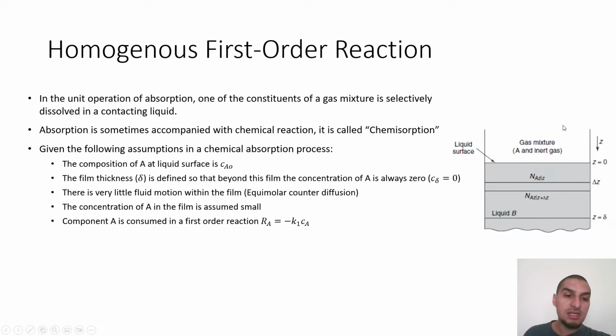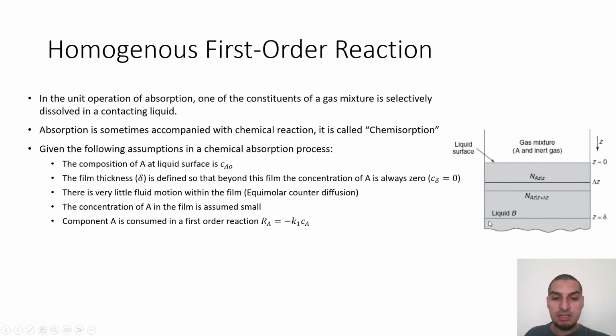The first is that the concentration here is C_A0, and it's constant. You have a constant concentration of gas on the surface, and it gets consumed from z equals 0 until it reaches the point of z equals delta, where the concentration is 0. So it's totally consumed at this point.